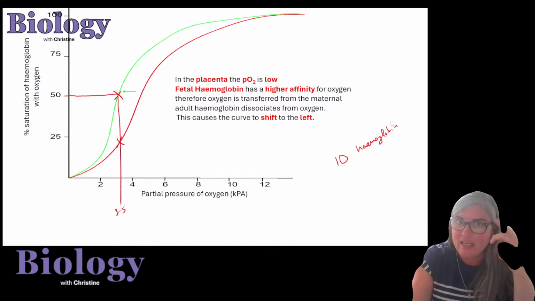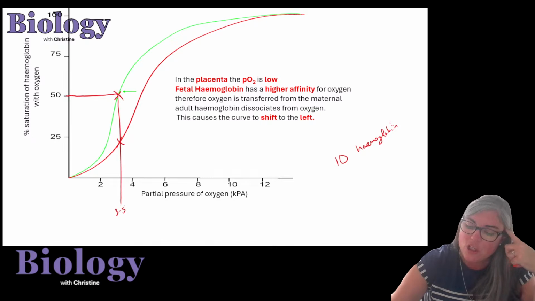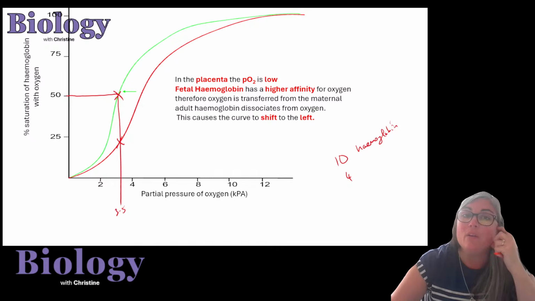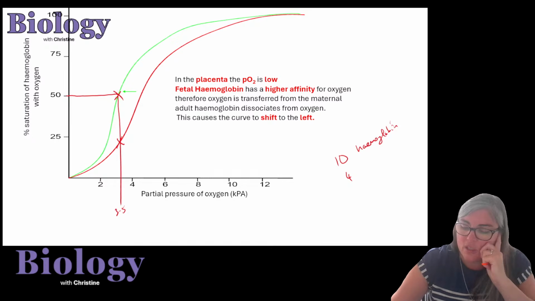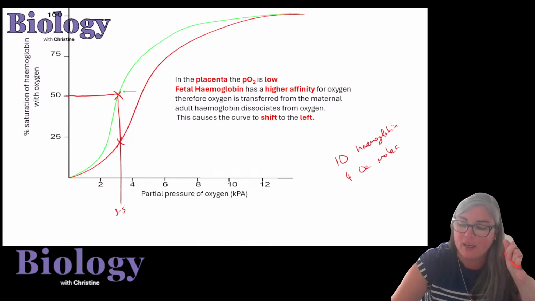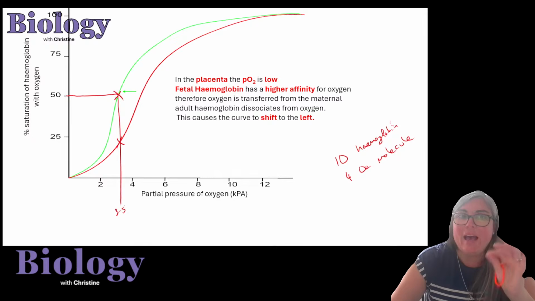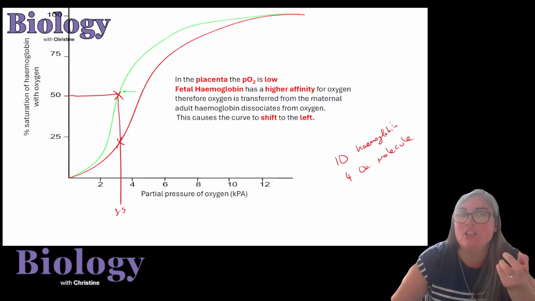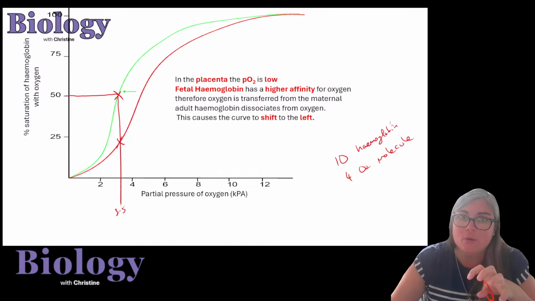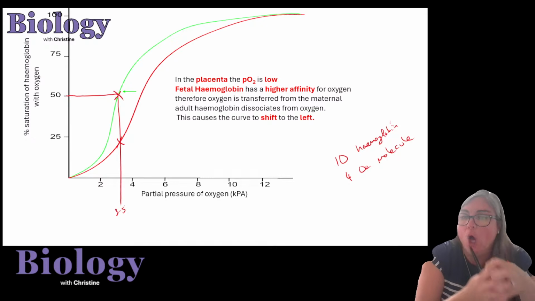So if I have 10 hemoglobin molecules and I know that each hemoglobin molecule can carry 4 oxygens, so 4 oxygen molecules can be carried by 1 hemoglobin molecule. If I am 100% saturated with oxygen, that means all 10 hemoglobin molecules have got 4 oxygen molecules.